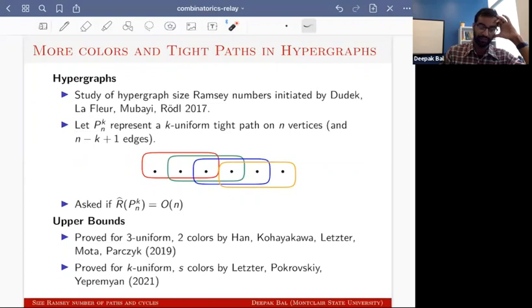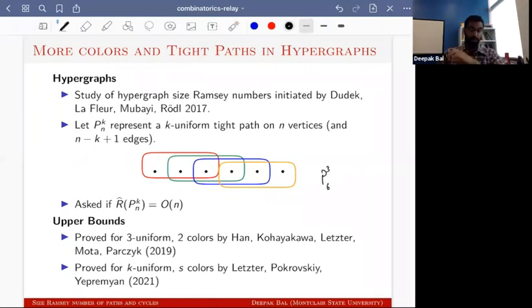So this is a 3-uniform tight path on 6 vertices, so this would be P_6. Okay, so these authors ask whether the size Ramsey number of P_n^k is linear in n when k is fixed. And essentially this has been proved now.